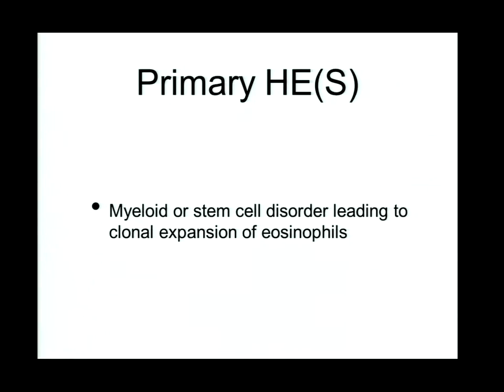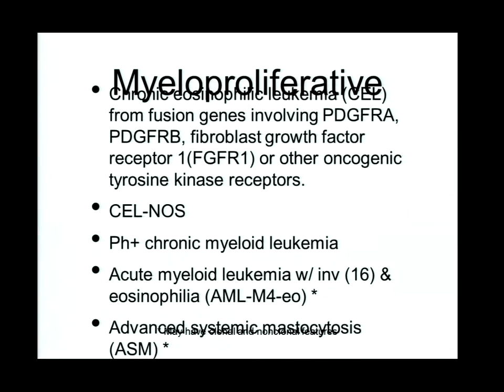So primary hypereosinophilias are the ones that lead to the clonal expansion of eosinophils. These are the myeloid and stem cell disorders. And there's a few defined ones out there, but the one that is the majority of the hypereosinophilia-associated clonal disease is what's defined now as chronic eosinophilic leukemia.